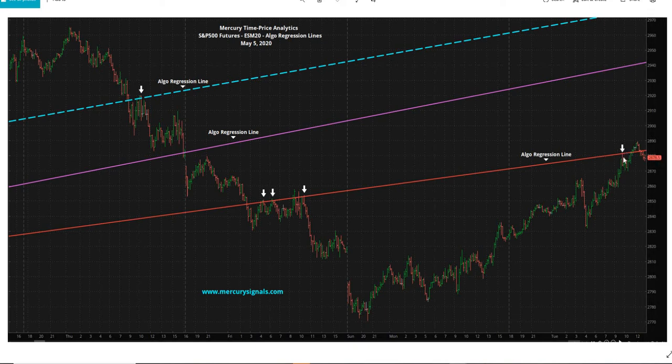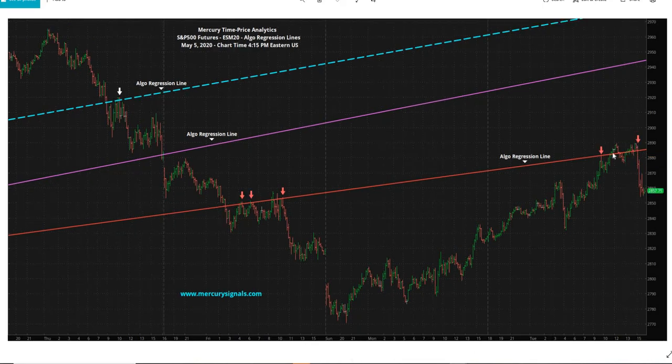So here's the regression line, bumped into the same level that it did on Friday. Now, this was taken right around lunchtime. So, next chart. You come up to the regression line, same exact one that it failed at on Friday. You come down to, call it 27.75.